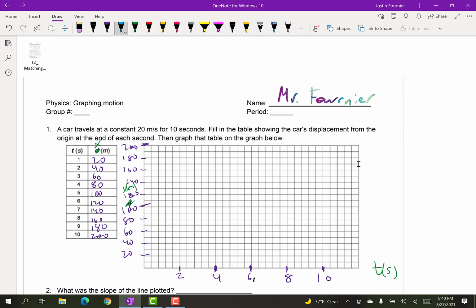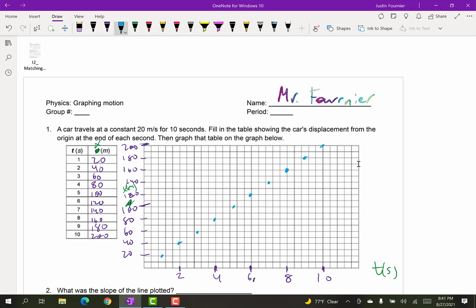Let's make that a different point. At 2 seconds I'll have 40. At 3 seconds I'll have 60. At 4 seconds I'll have 80. At 5, 100. At 6, 120. At 7, 140. At 8, 160. At 9, 180.